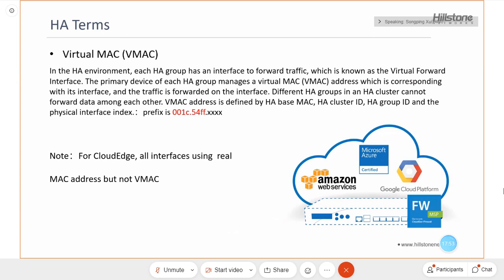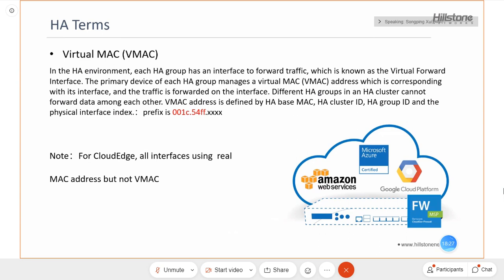And also we have a virtual MAC, as I mentioned, in the HA environment. Each of the groups shares one interface to forward the traffic, which is known as the virtual forward interface. This interface manages a virtual MAC, which corresponds with this interface, and the traffic will be forwarded through this interface.